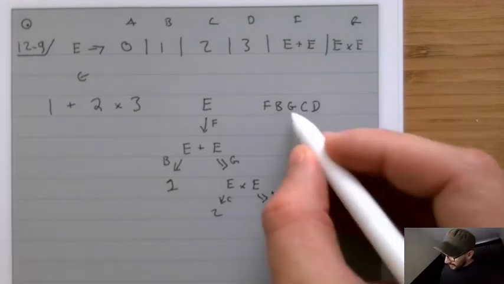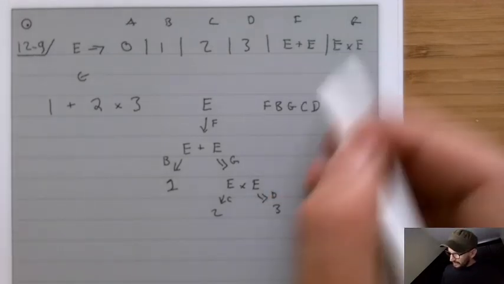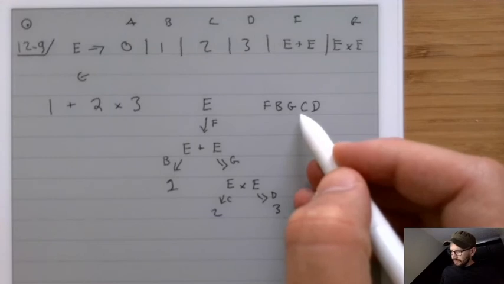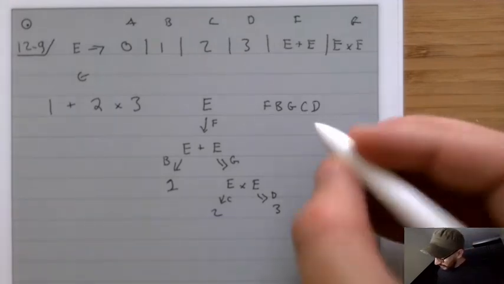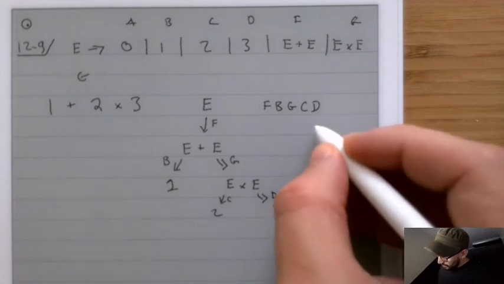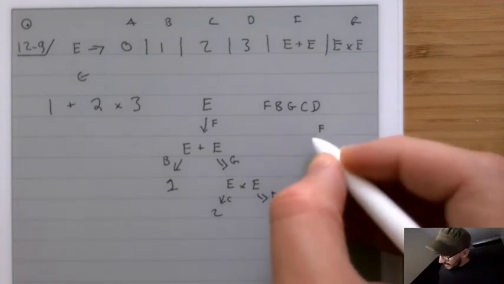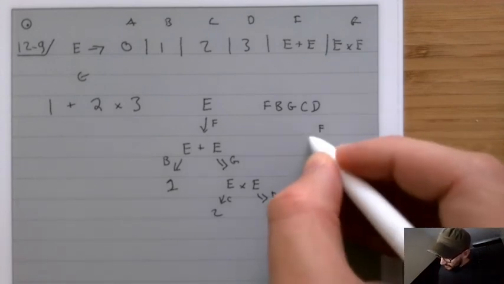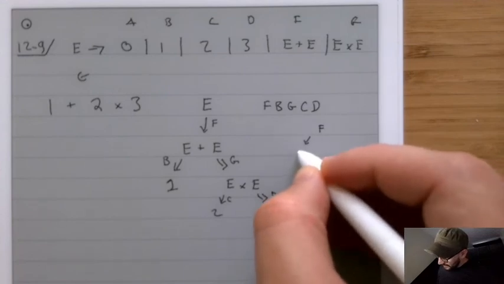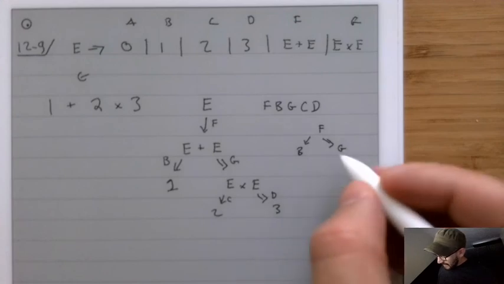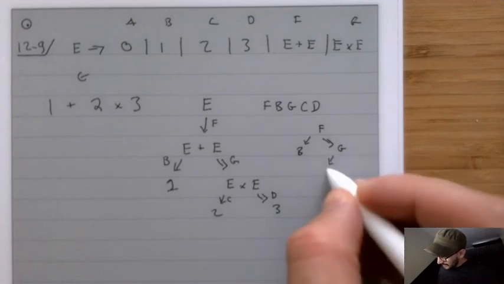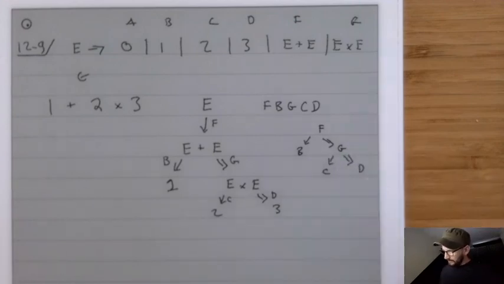G generates 2 E's. The first one is removed by a C and the second one is removed by a D. We can actually draw a picture like this: the whole thing is an F, and an F has 2 pieces. One piece is a B piece, and one piece is a G piece. And the G piece has a C piece and a D piece.